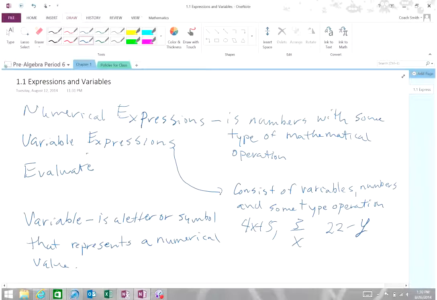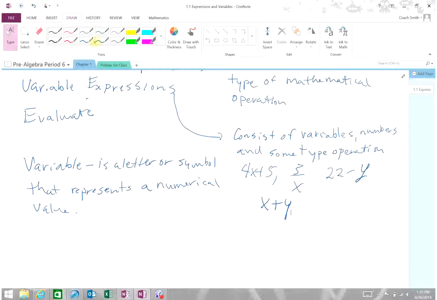Okay, they have a variable in them. You could even have x plus y. Okay, that would be a variable expression as well. Doesn't have to have numbers, but it does have to have at least one variable in it. If I just say 4 plus 5, that's a numerical expression, not a variable expression. So it has to have at least one variable in it. It can have more than one variable. Okay, it can have multiple variables.